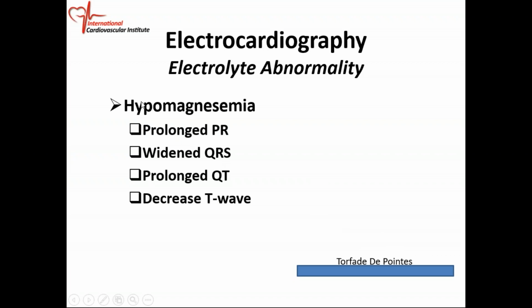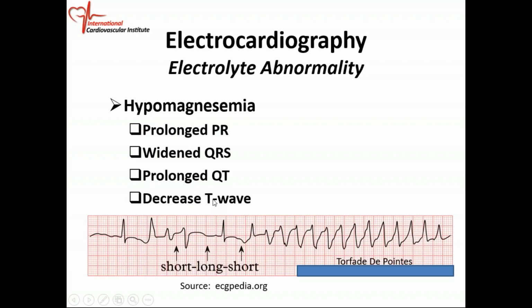So hypomagnesemia, low magnesium. The main things there are a prolonged QT interval, decreased amplitude of your T wave, and torsade de pointes. These are fairly common.